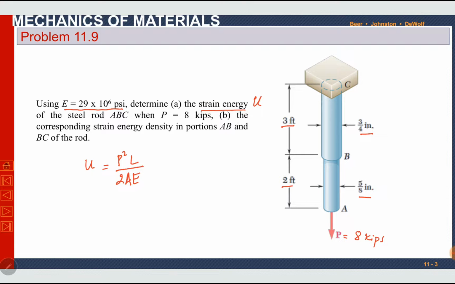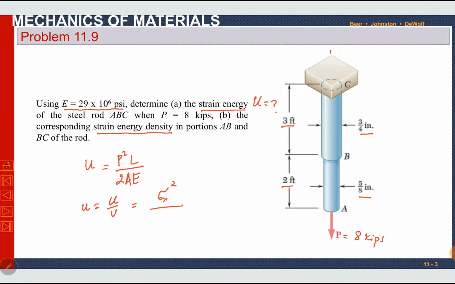Part B is determine the corresponding strain energy density in portion AB and BC. In part A, total U was required, sum of AB and BC. In part B, strain energy density, small u, is required. Small u is equal to capital U divided by V, volume. We can also write it as sigma x square, x is direction, divided by 2E.